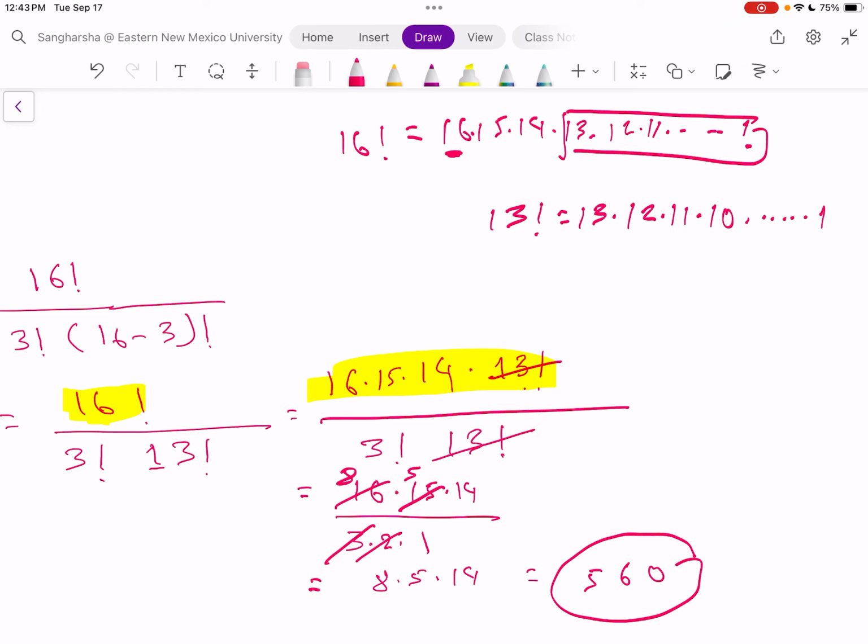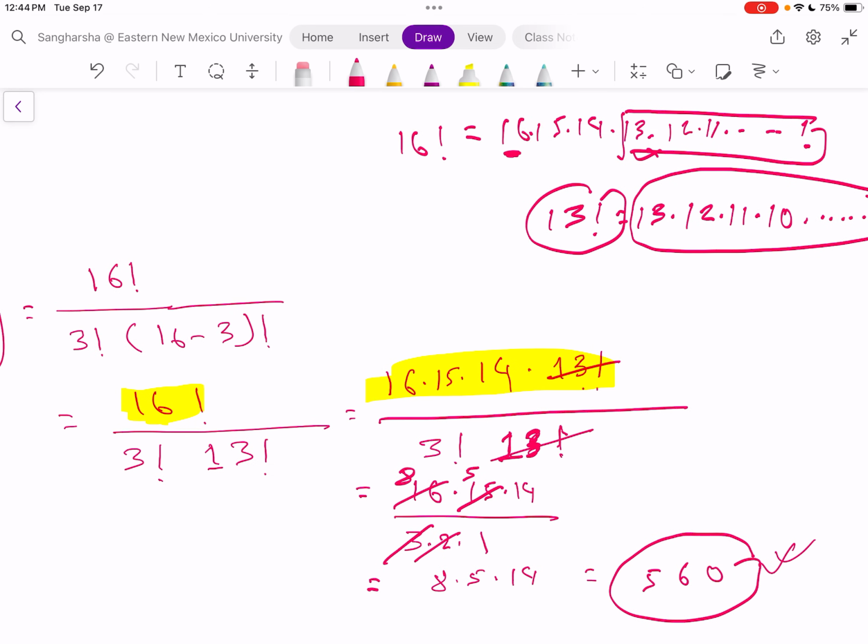I just call these numbers over here a 13 factorial so that we can cancel with our denominator 13 factorial. I'm making my calculation simpler, or you can use a calculator. You should be able to find the factorial sign. So we can select 3 students in 560 ways.